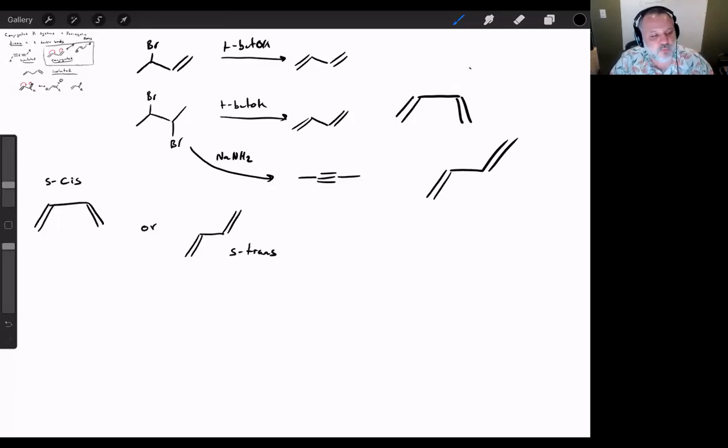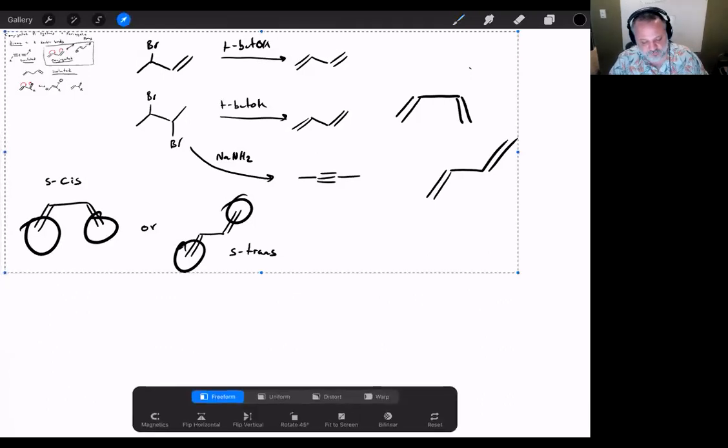So that's not one of the reasons we would be looking for in this particular case. In this case, it really is just the steric hindrance provided by the two groups that are facing in the same direction versus the two groups that are facing opposite directions. The trans group is a little bit lower in energy than the cis group.